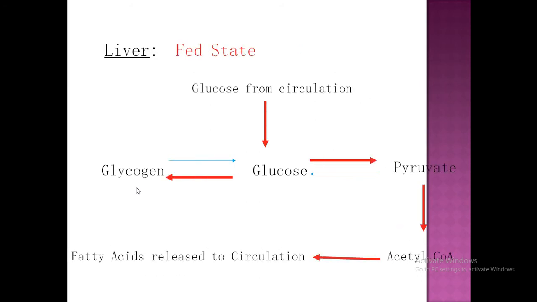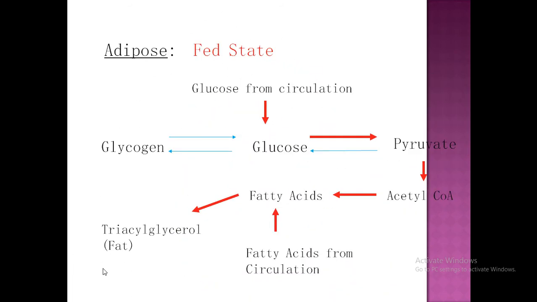In the liver, in the fed state, more and more glucose is again converted into glycogen, and also the fatty acid plasma level increases. In the adipose tissue, in the fed state, through this whole cycle, more triglycerides are formed and fatty acids from the circulation are absorbed.